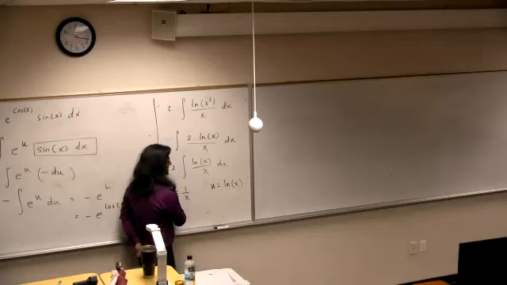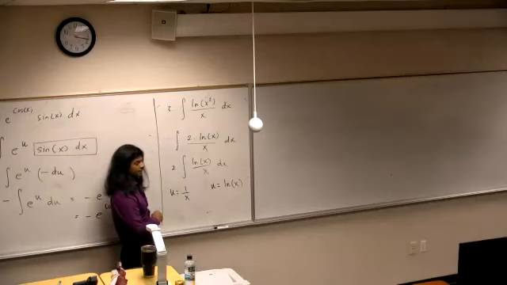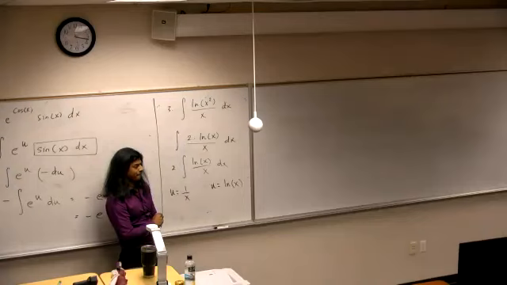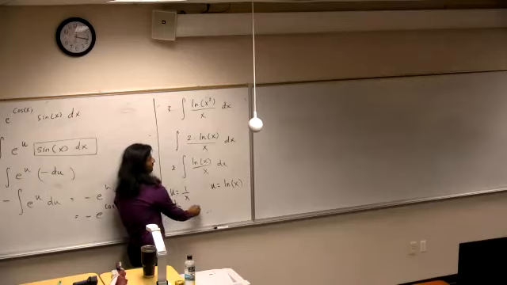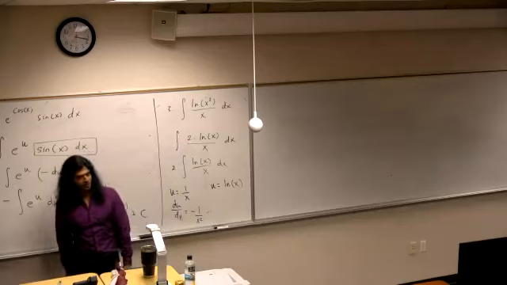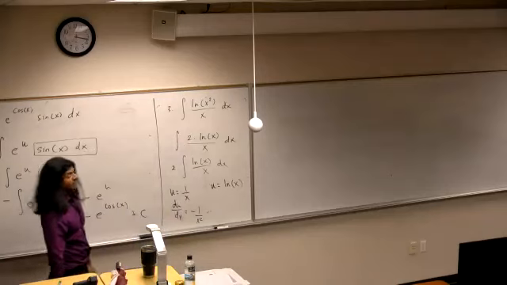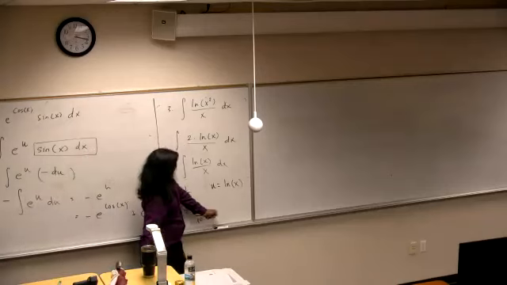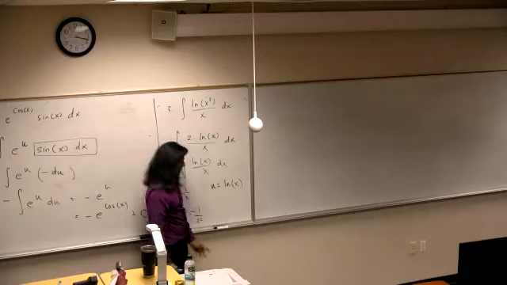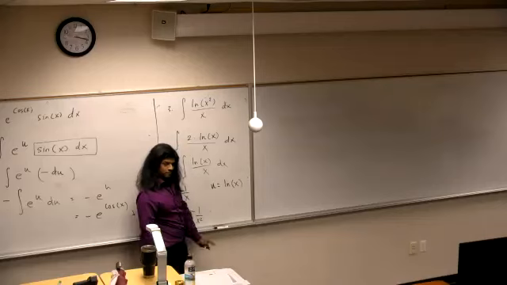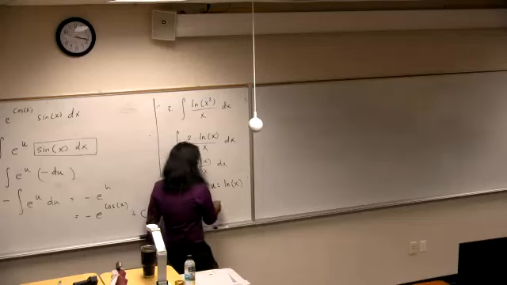The derivative of 1 over x is negative 1 over x squared. The derivative of u, which is ln of x, gives us 1 over x.